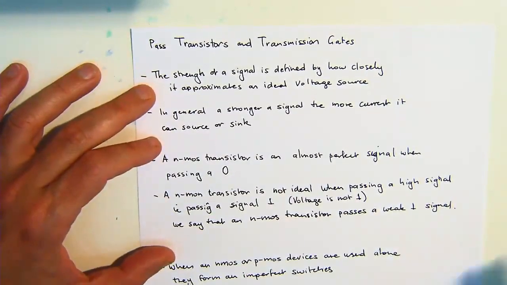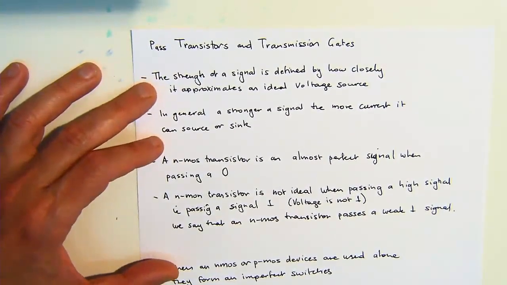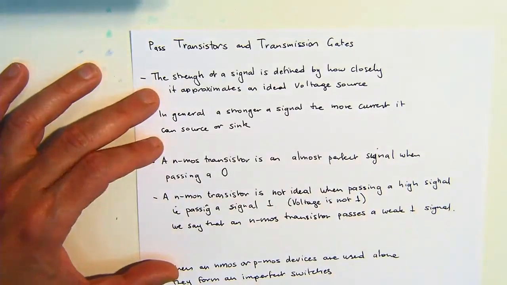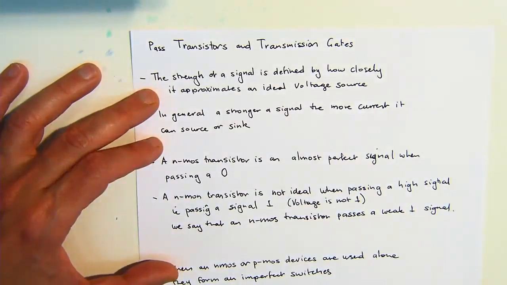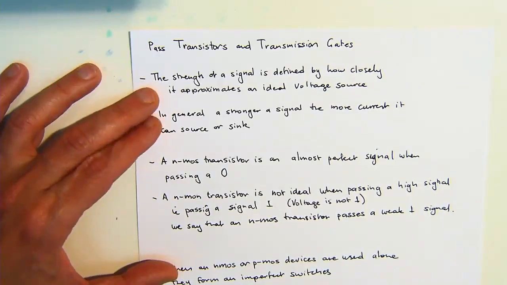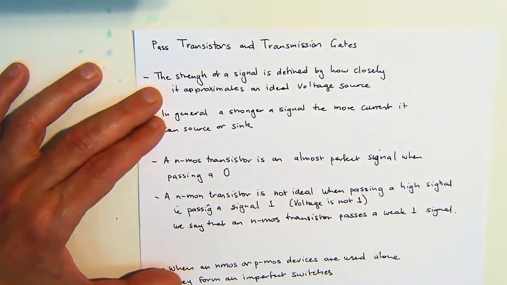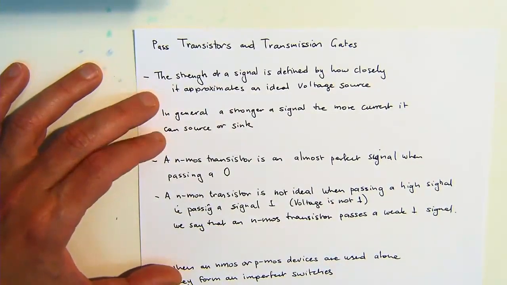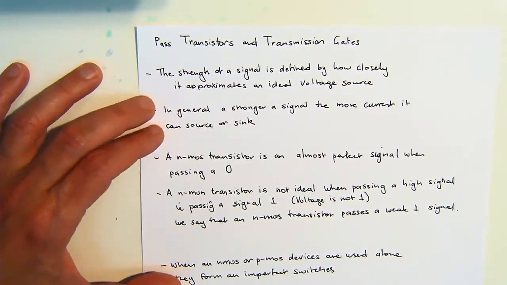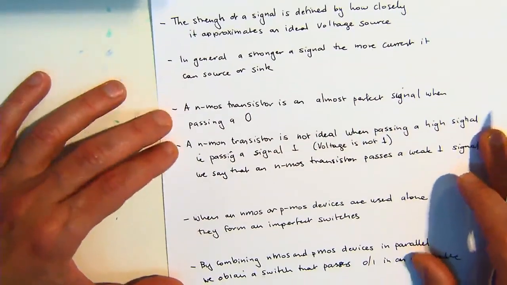there's this concept of strength, the strength of the signal or strength of the source. Essentially we say that a source or a signal has high strength if it approximates well an ideal voltage source. Generally, the stronger the signal, the more current you can source or sink.